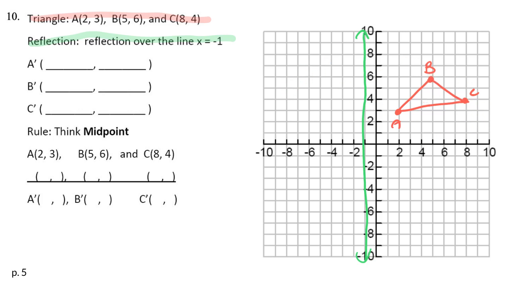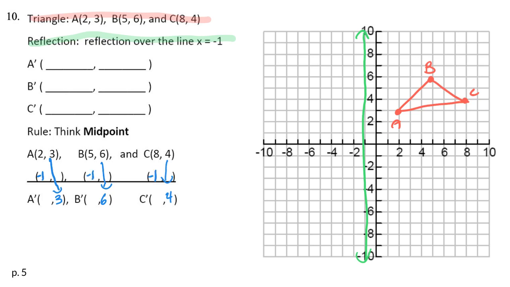So when we're thinking about how our y's are going to change, they're actually not. They're going to remain the same in our image points as our pre-image points. So if 3 was our y coordinate for our pre-image, 3 is going to be our y coordinate for our image. Same thing for B and B prime, and C and C prime. So we're actually just changing the x's. Now, we know that our x in our central line is -1.